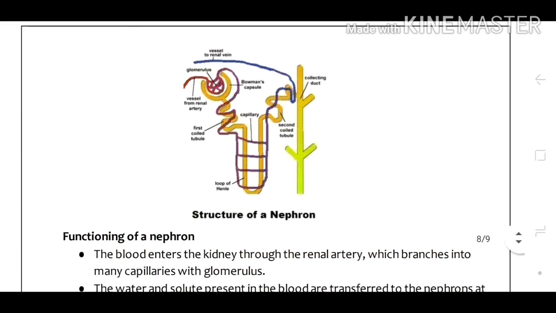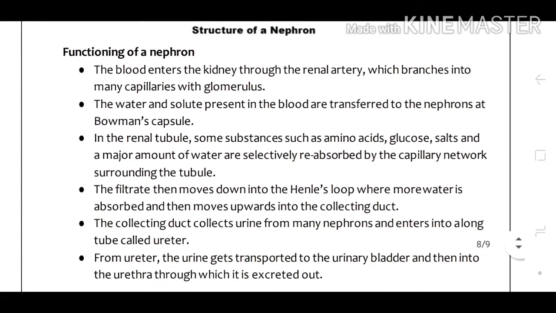Functioning of a nephron. The blood enters the kidney through the renal artery, which branches into capillaries with glomerulus. The water and the solute present in the blood are transferred to the nephrons at Bowman's capsule. In the renal tubule, some substances such as amino acids, glucose, salts, and major amounts of water are selectively reabsorbed by the capillary network surrounding the tubule.